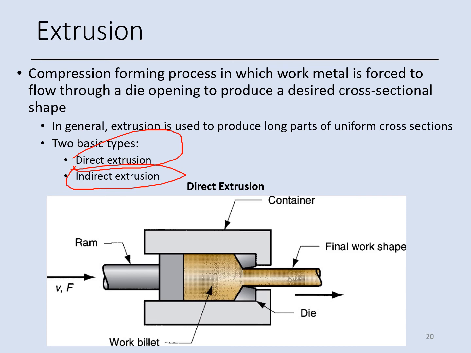And here we have a schematic of this process, where you see we have a ram that moves this way, and this is the workpiece, the work billet. The ram pushes this material, and it has to go through this die opening, and the cross section of that part is going to be similar to this die opening.